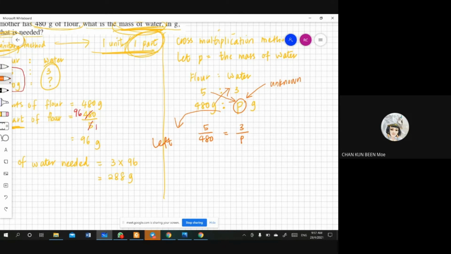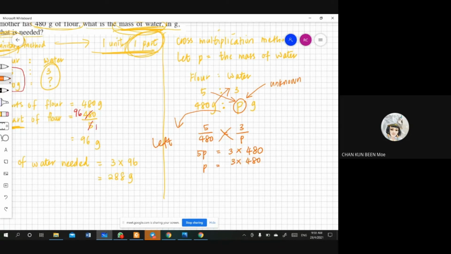So when we want to cross multiply, it means this times this, times this. So 5P equal to 3 times 480. Now we want to find the value of P, only P, meaning that it is equal to 3 times 480. 5P means 5 times P, right?